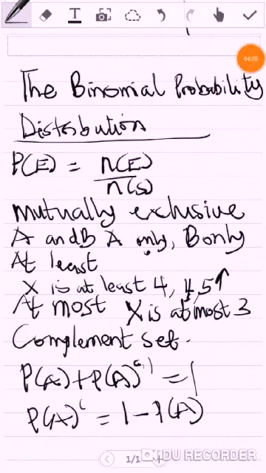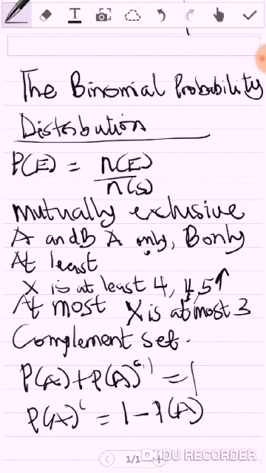So these are the things I want you to note. The formula for probability of an event, which is number of events over number of the sample space. Then mutually exclusive, and I gave the example of A and B. If A and B are mutually exclusive, it means both of them can't occur at the same time. Then at least: if S is at least 4, it means the least number for S is 4, so 4 upwards.